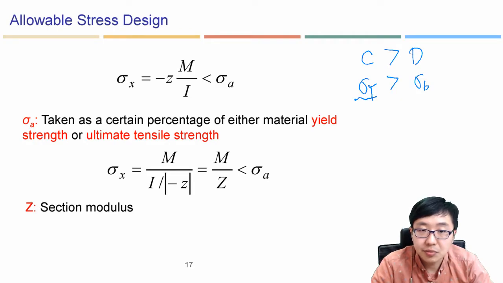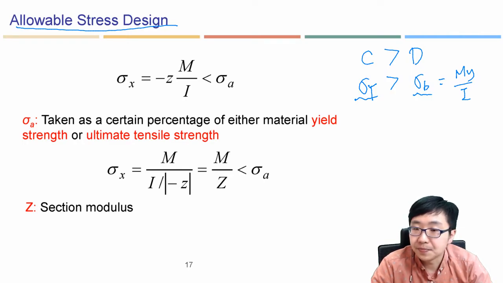So our material capacity must be better than the bending stress. This is the concept of allowable stress design. In this case, we could utilize M y over I. This is the flexure formula, and the limit comes from the material. From this simple comparison, we can calculate the safety factor, whether it is safe or not.